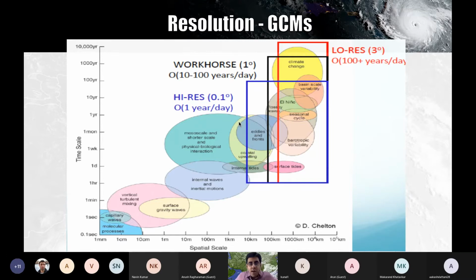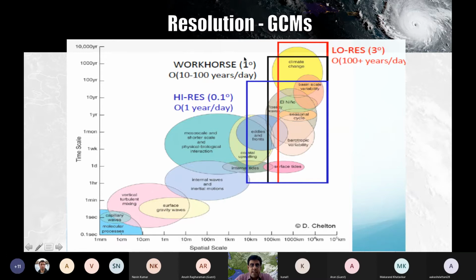This workhorse model, as I call it, is the model which is going to give me the evolution of El Nino kind of phenomenon. So I have to run this at 1 degree. 1 degree is 100 kilometers, so at each 100 kilometers, I'll get a result. 0.1 means 10 kilometers, so every 10 kilometers, I'll get data.